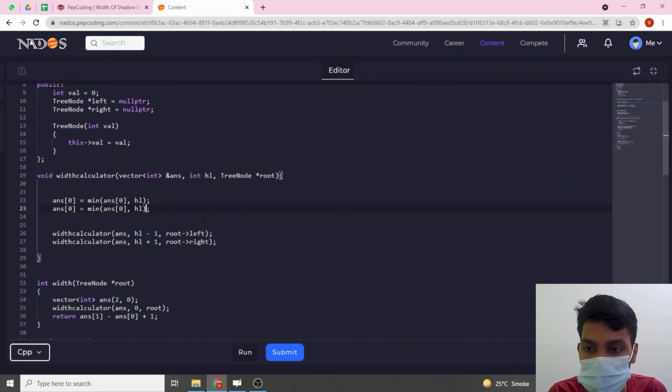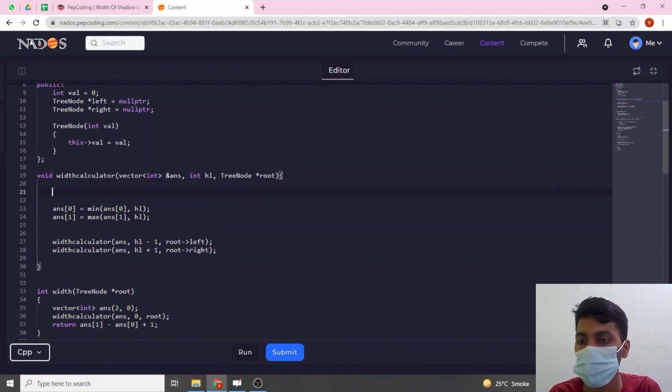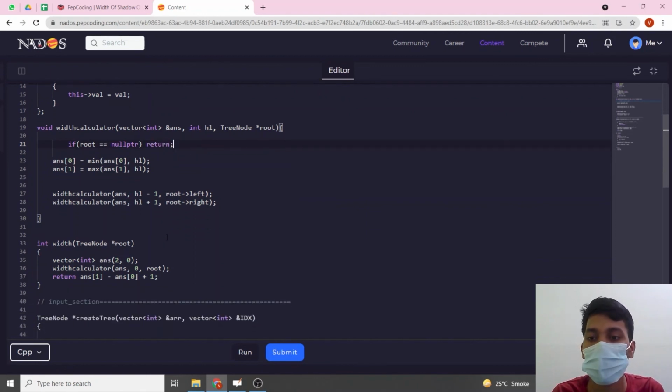And similarly at the first position, I am going to store the max. Now what will be the base case? We know the base case: if root is equal to null, just return from there. This is going to be our code.